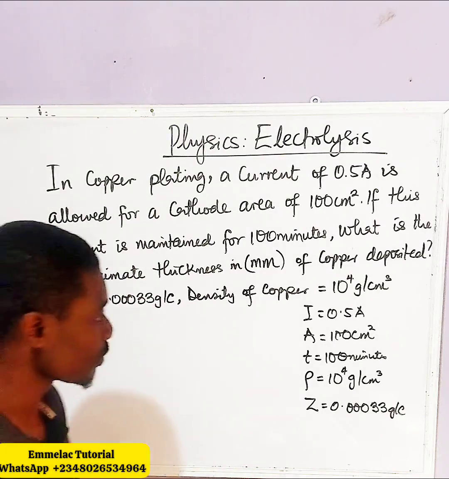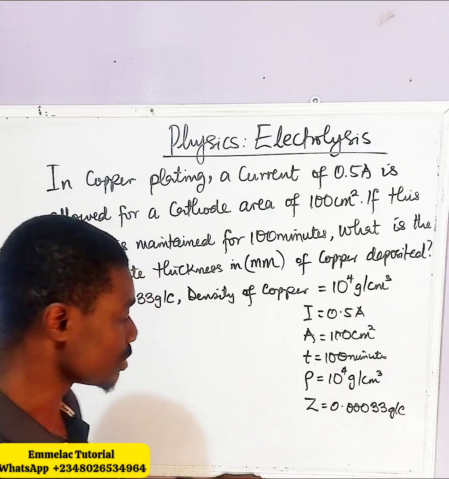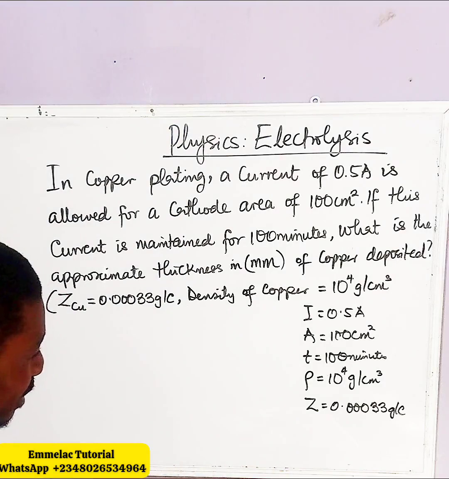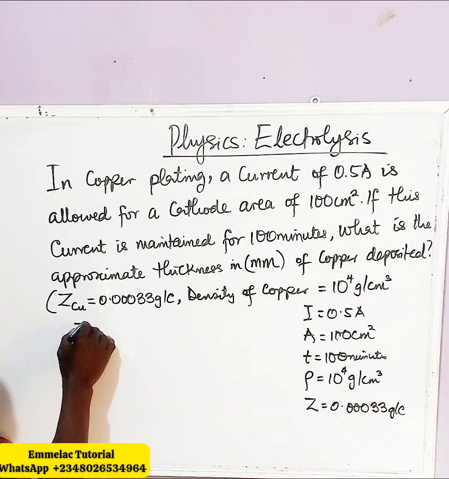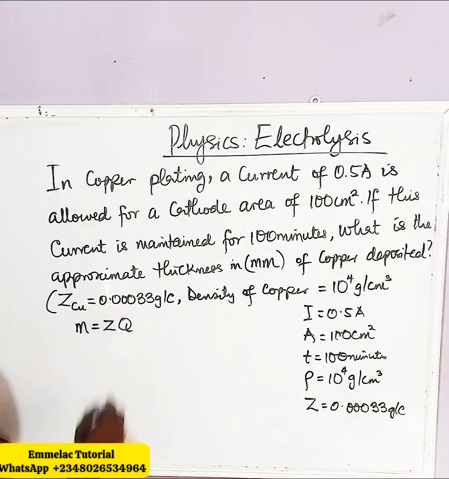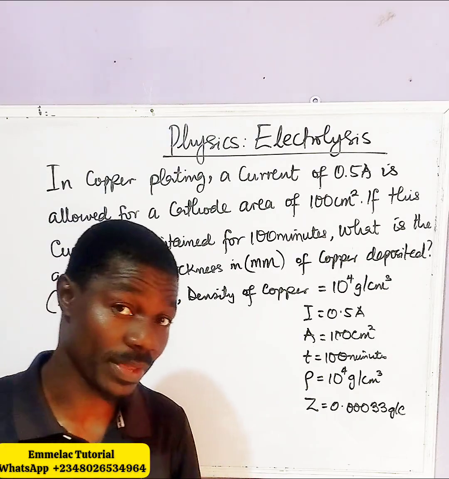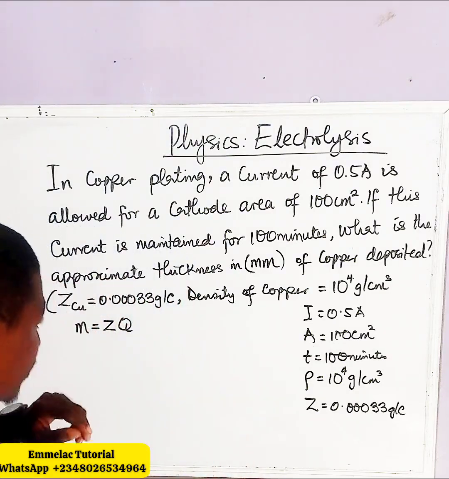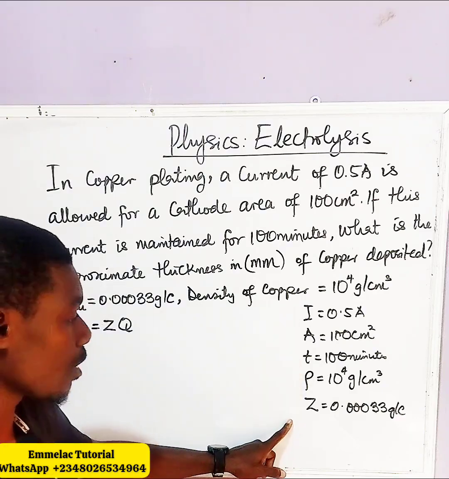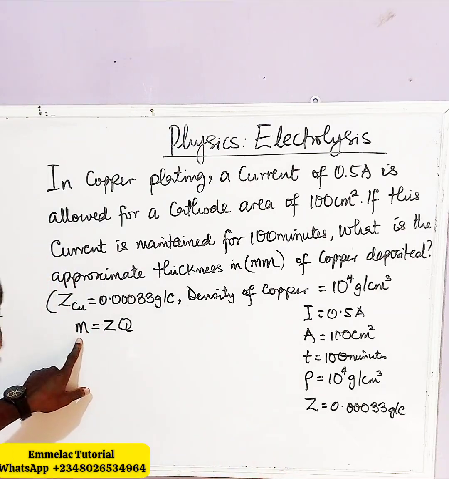We need to recall the formula that gives us the relationship between all this. First of all, that is mass. The mass equals Z times Q. But we have a problem here: in the parameters listed here, we don't have mass.